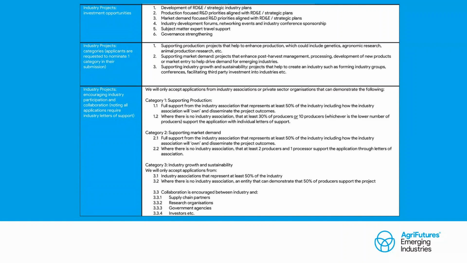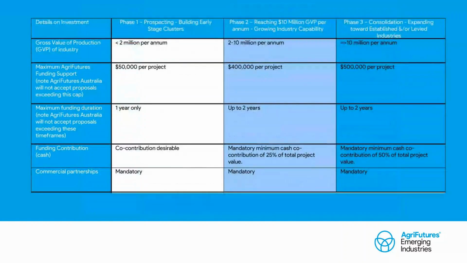But one thing I will point out, if you just go back one more slide, Beck. So there are caps on each of the phases. All 3 phases here can submit, but we are strict on how we cap the budget and time duration on each.